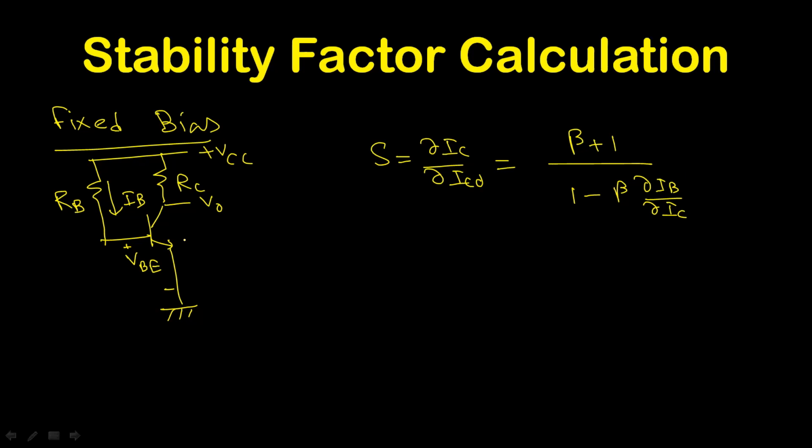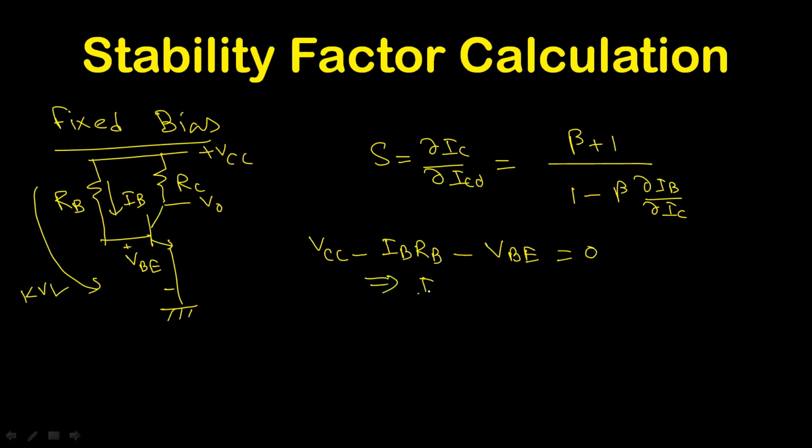Here in this circuit, you can apply KVL on this side. So we get VCC minus IB times RB minus VBE equals 0, or simply IB equals VCC minus VBE divided by RB.